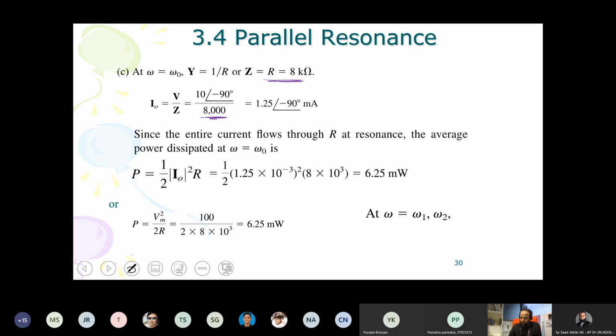We can get omega 1 and omega 2. This is 2 and this is half of, so 4R. Are you guys following? It's a bit too fast, but it's the same thing, just putting the values in the formula. This is, I believe, the last slide for today.